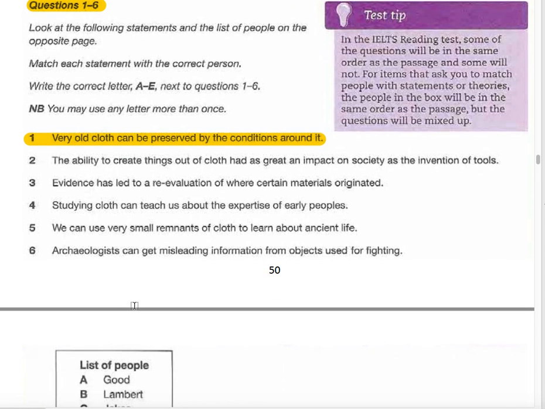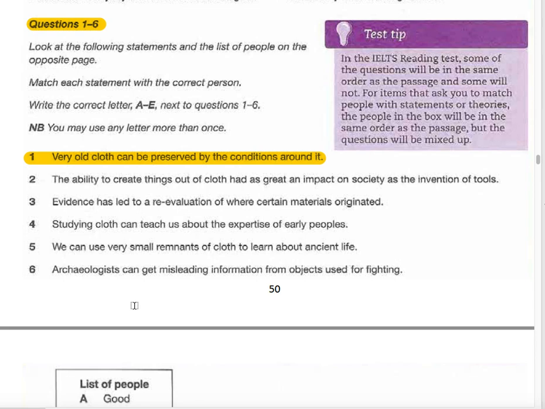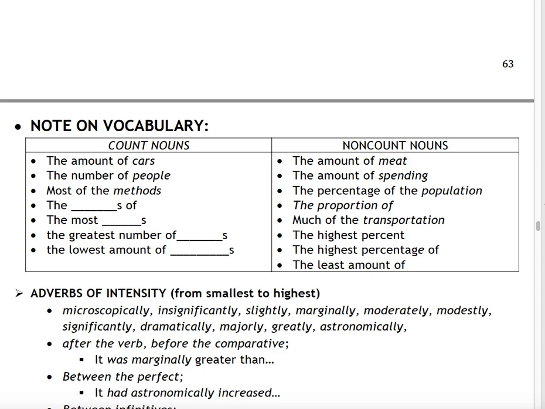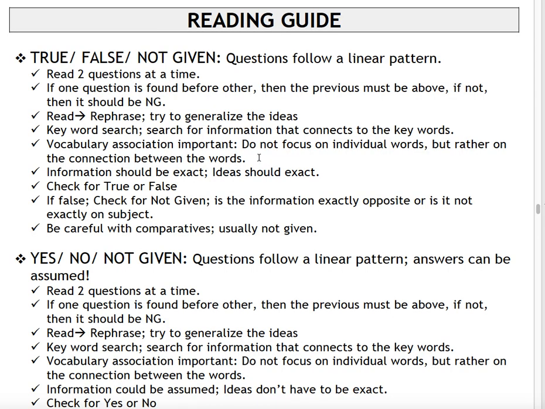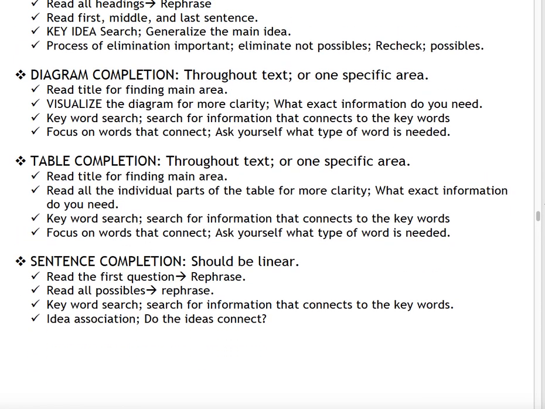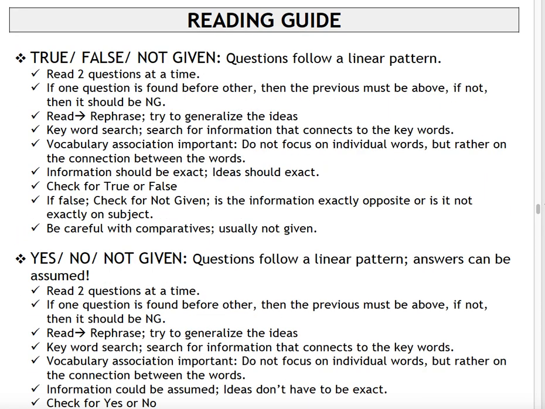Let's also remember that we have a guide, a basic general guide, page 59 to 61. It's a general guide that gives us some tips about how we should approach each question type. Okay? So we have true, false, not given.